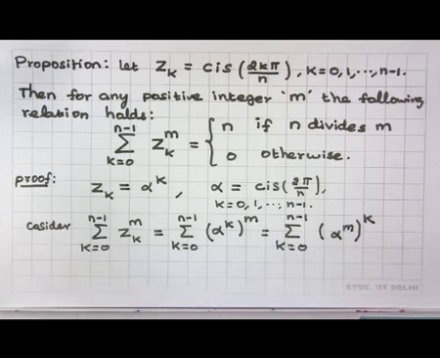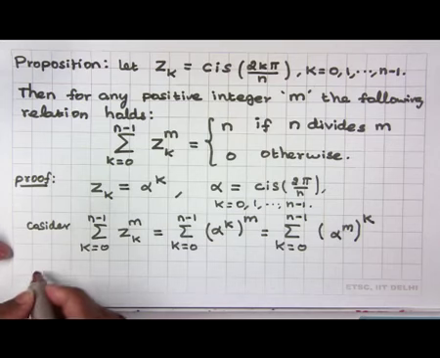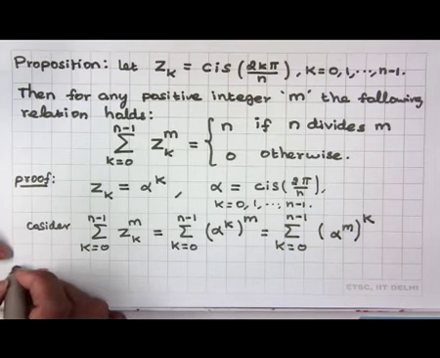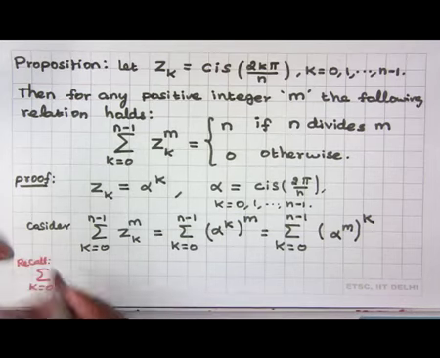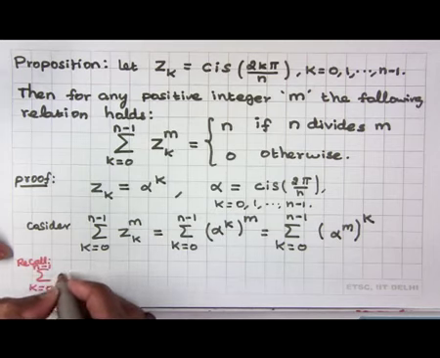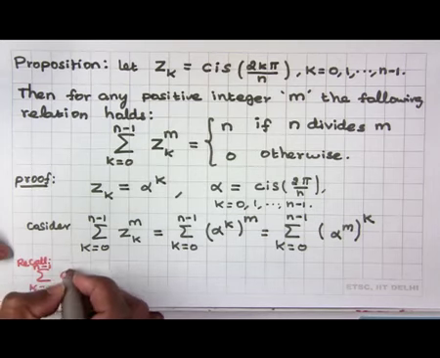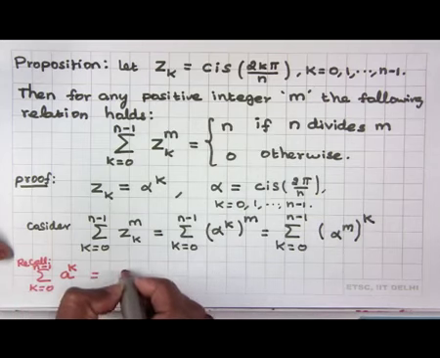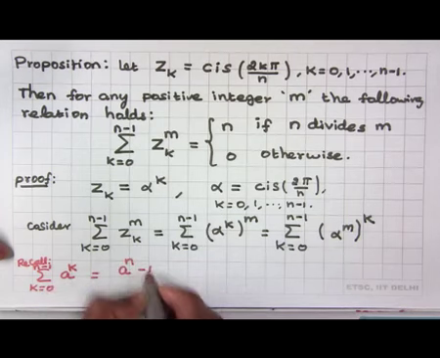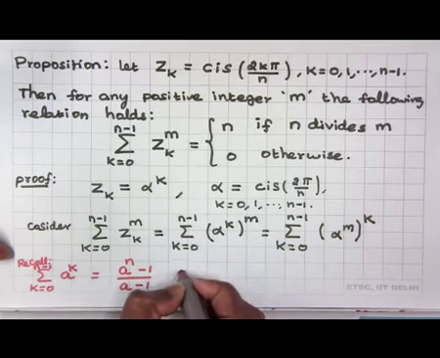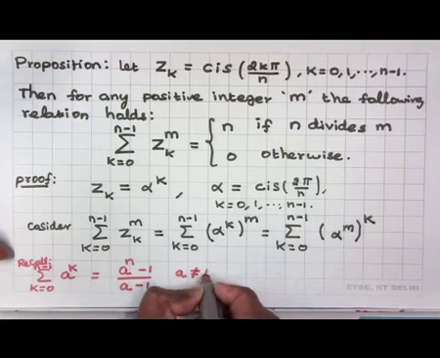Maybe just as a remark, I will add the geometric sum. Let us just recall: summation k equal to 0 till n minus 1 of a to the power k, the sum value is given as a to the power n minus 1 divided by a minus 1, where a must be not equal to 1.